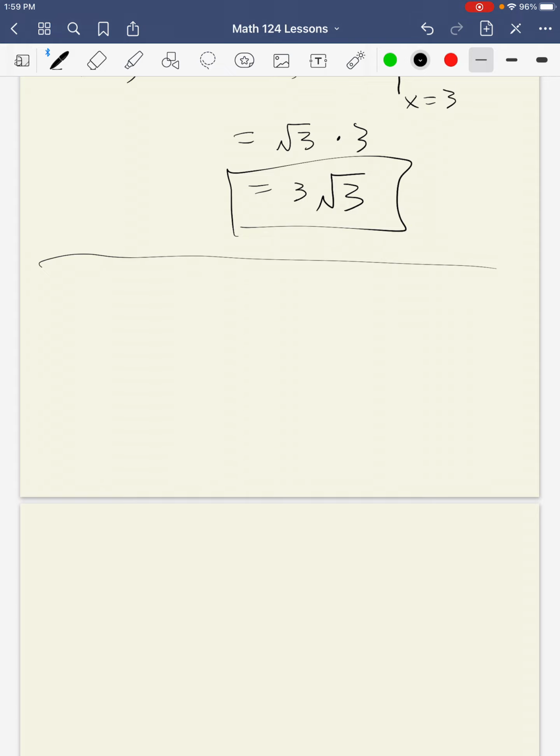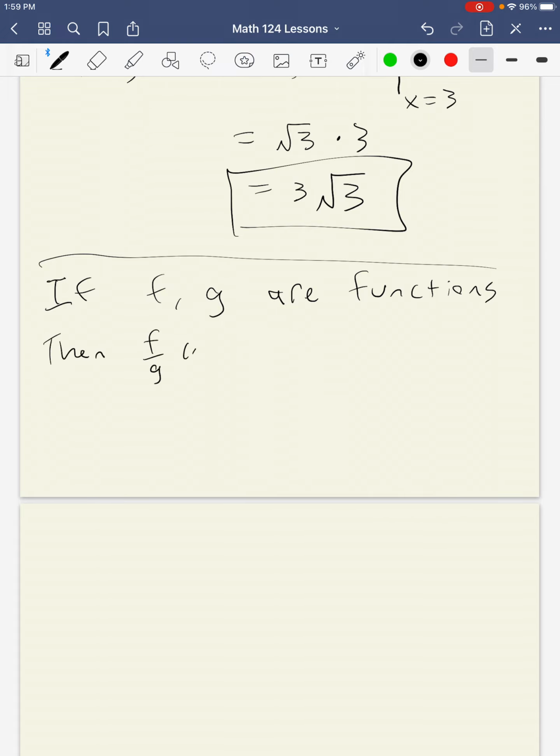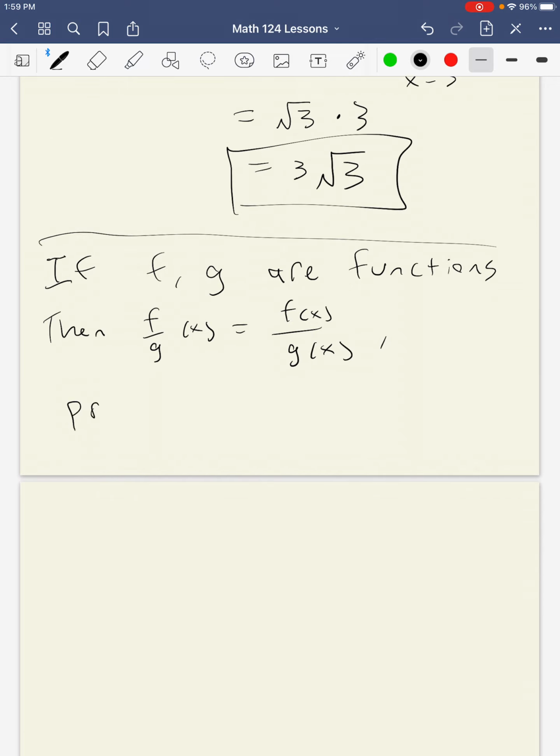So if f, g are functions, then f over g of x, simply we put the formula for f on top, formula for g on bottom, but we have to add one extra condition. So we have to have it be provided that the bottom never equals 0.